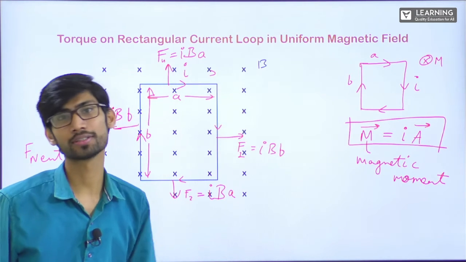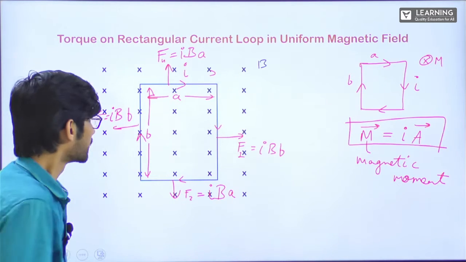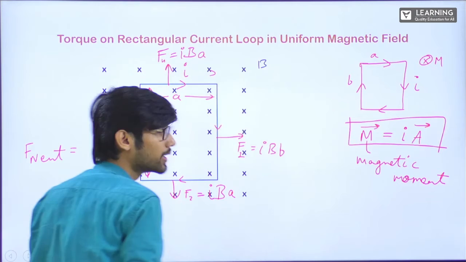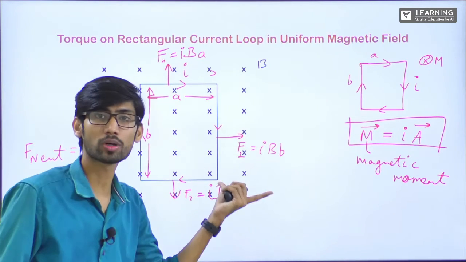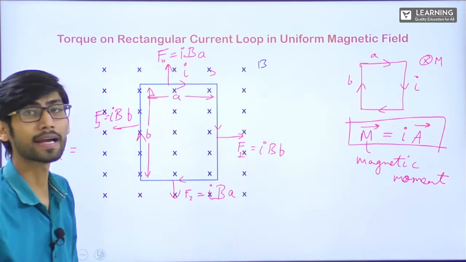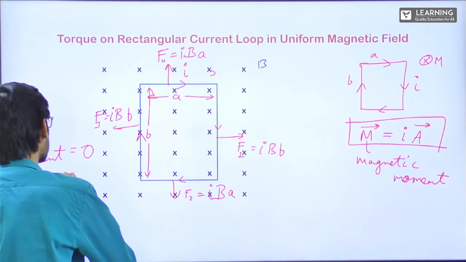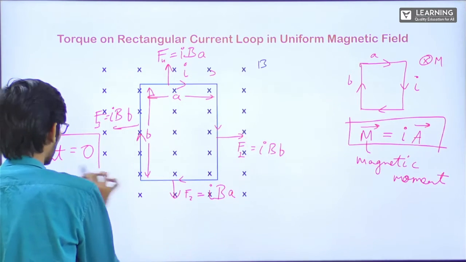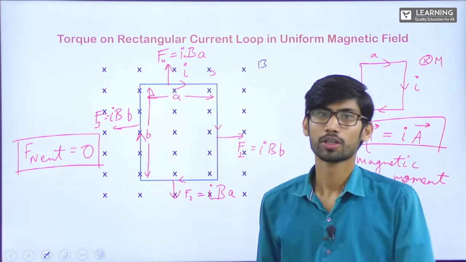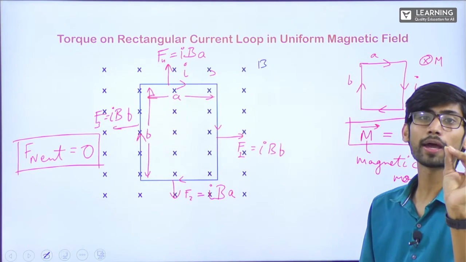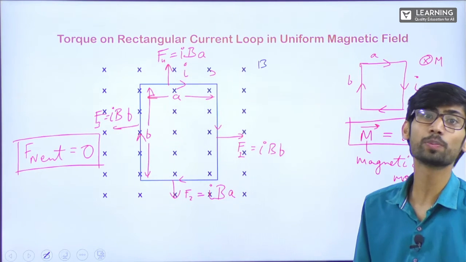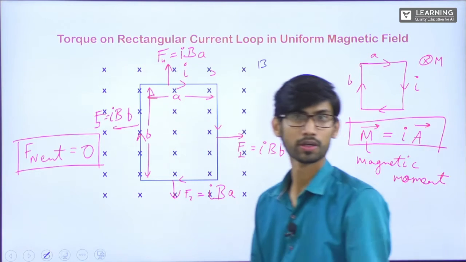The magnitude is same, the direction is opposite. This force I B b is this side, this force I B b is this side. Magnitude is same but the direction is opposite. Again they will cancel each other. That means net force on this entire loop is 0. So from here what we understood is, if a rectangular loop is kept in a uniform magnetic field, the net force on that loop is 0. Clear?